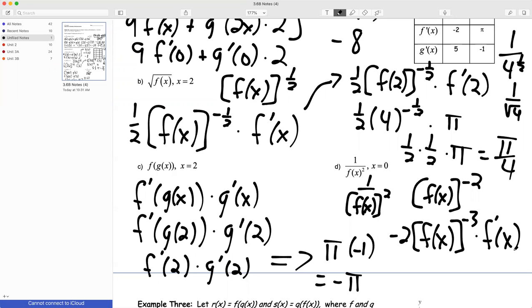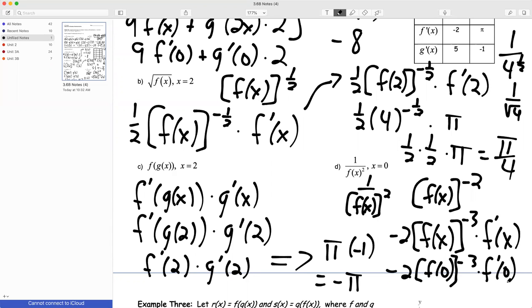F of x comes down. I subtract 1, which gives me -3 for the exponent. I multiply by f prime of x. Now I'm going to plug in 0. So that will give me -2 f of 0 raised to the -3 times f prime of 0.